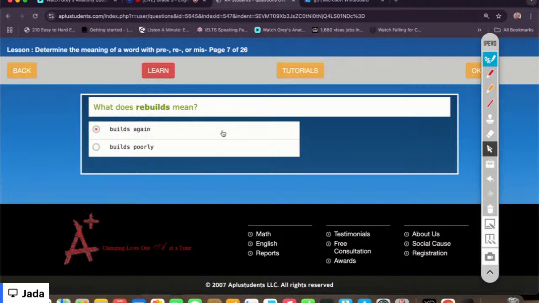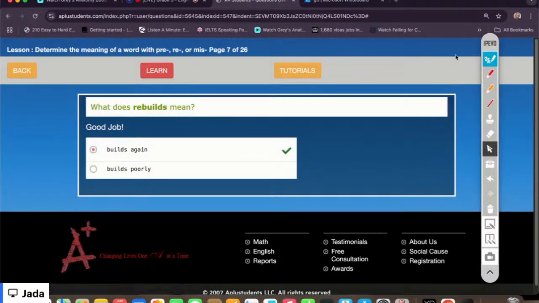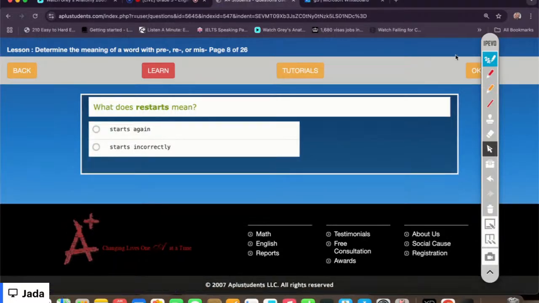So rebuild is build again. So what does restart mean?